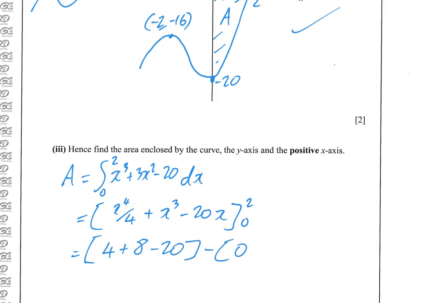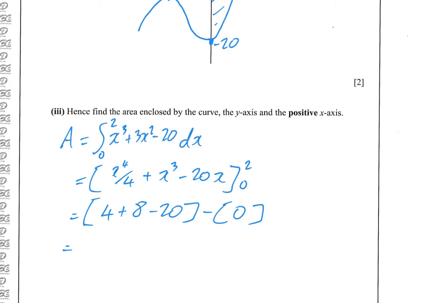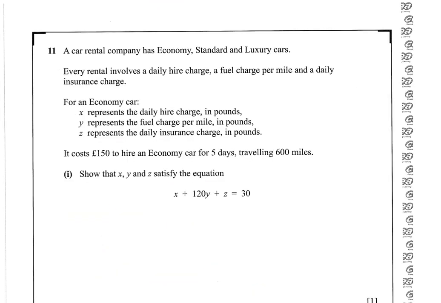Putting 0 into it, 0 to the power 4 is 0, 0 cubed is 0, minus 20 times 0 is 0. And that just works out to be minus 28. So your answer, the area, is equal to positive 28 units squared. It was only minus because the area was underneath the graph. So that looks like a sensible answer for this question.